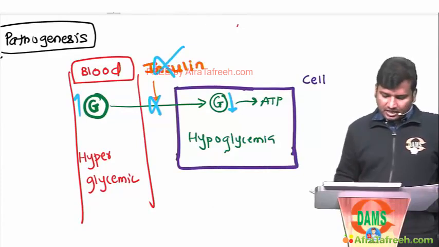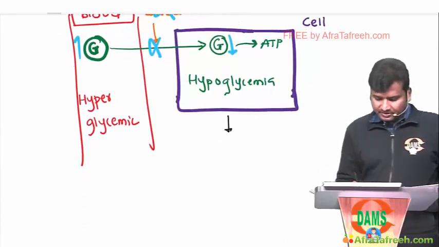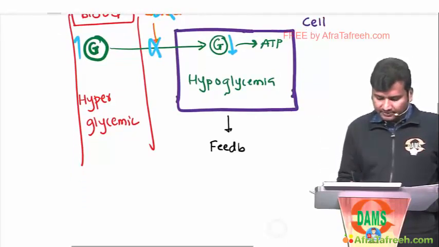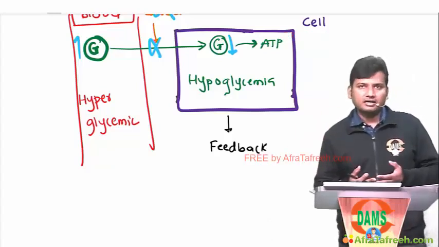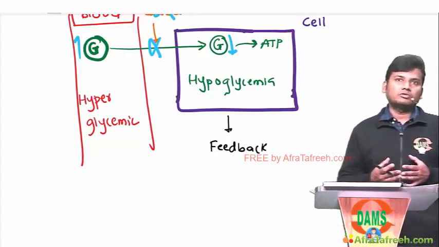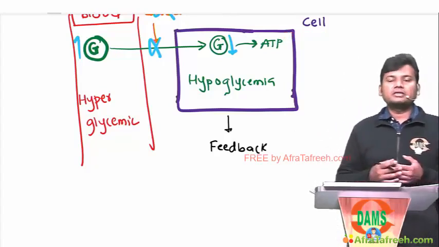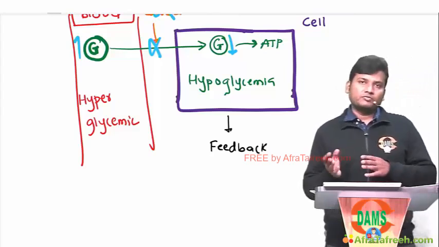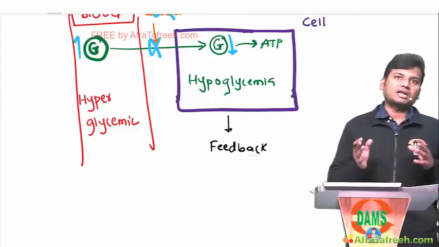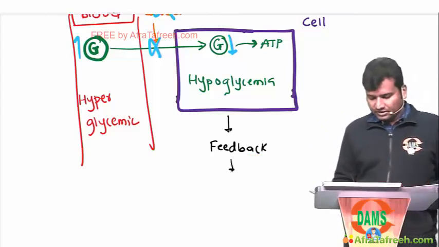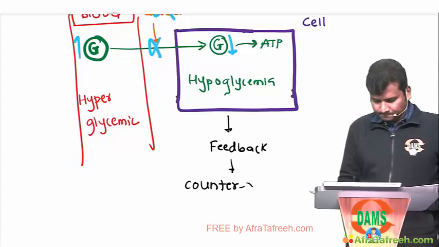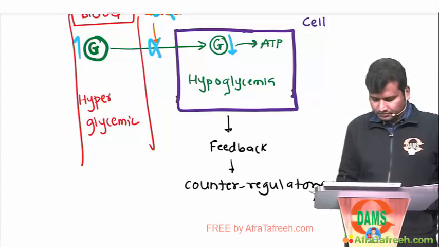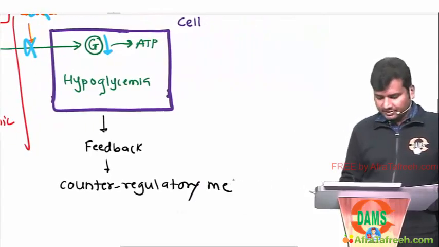Now, these hypoglycemic cells will give feedback to our brain that we are not getting glucose. We are hungry. We do not have glucose for production of ATP. In response to this feedback from hypoglycemic cells, our brain will start counter-regulatory mechanisms. Now, what are counter-regulatory mechanisms?